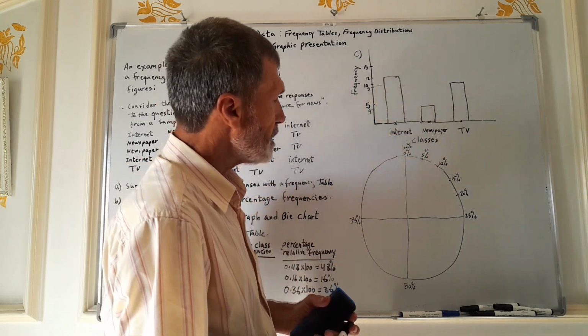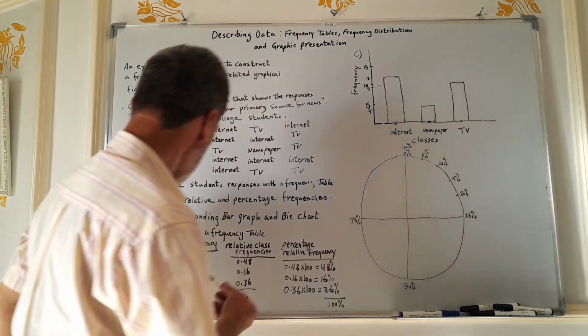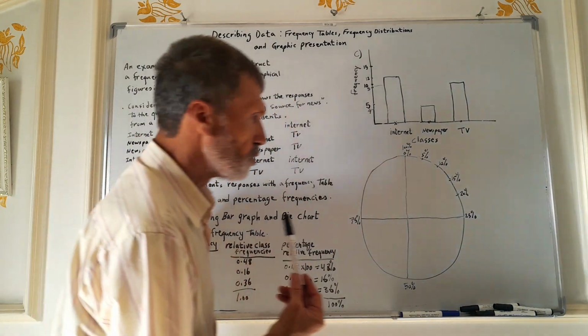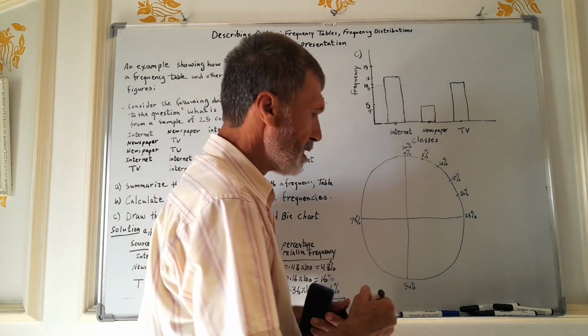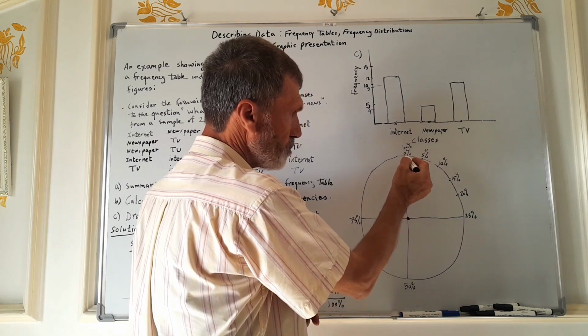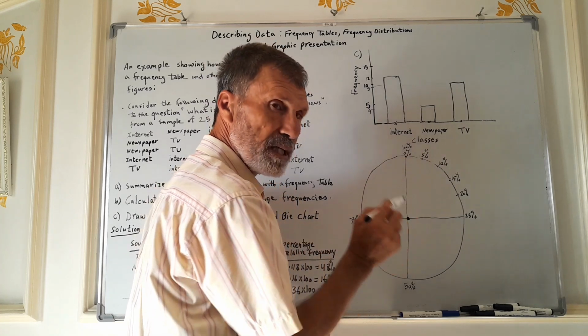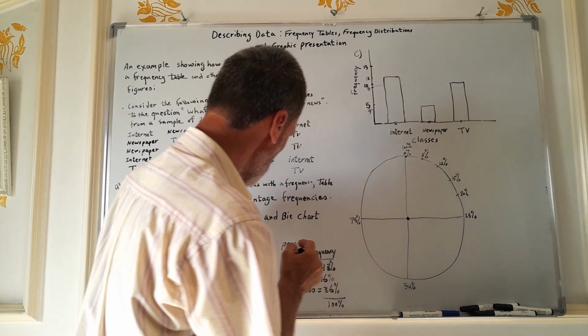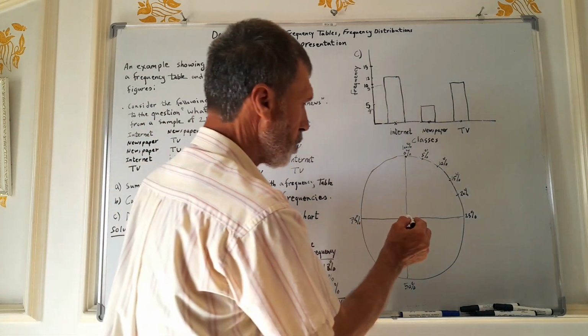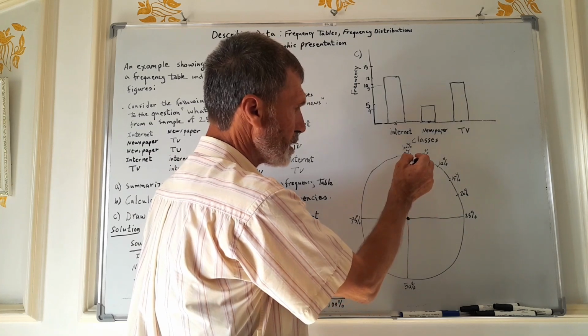The next step is that we know internet is 48%. So first we draw a line from the center of the circle to 0. This is the very first step in order to mark the internet, the 48%: draw a line from the center to 0%.